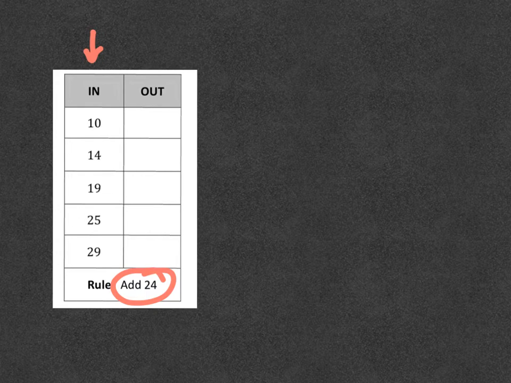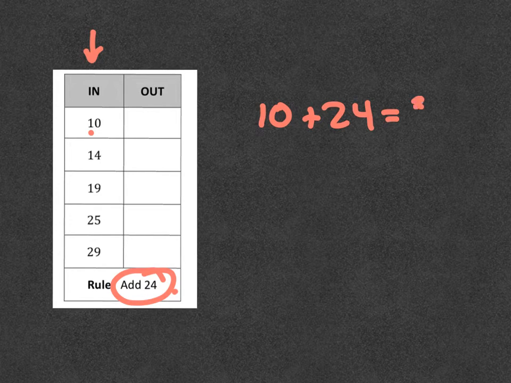So we're going to take 10 and put it through the function machine, which means we're going to do 10 plus 24. Don't ever be afraid to do side math. Side math is amazing. So 34. I would write 34 as the out. That's how it would come out of the machine.